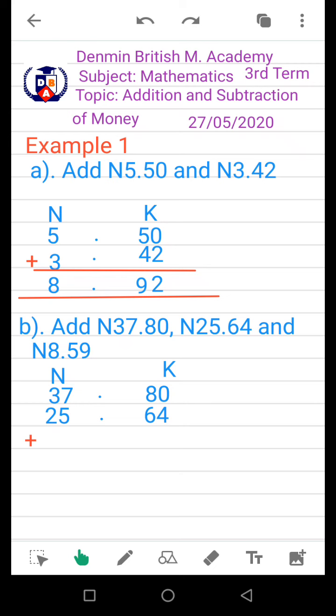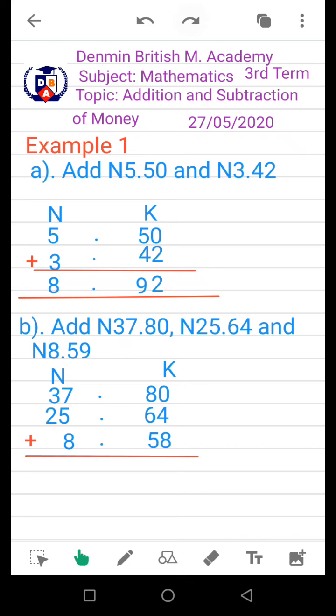We add our plus. Now if you notice, the 8 does not start from here, because this is the tens column. It has to start from the units because it is a single number. So next we have our point, then we have 58 kobo.